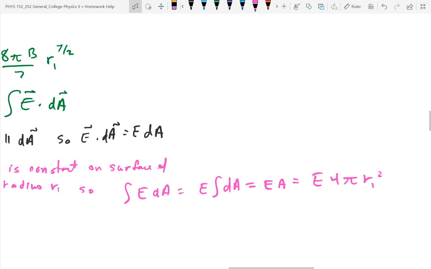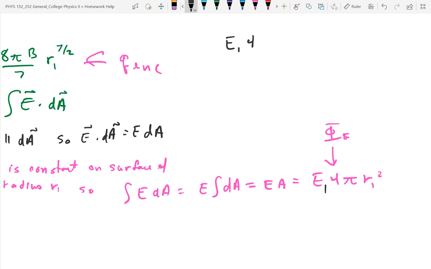And so now I have the charge enclosed, and I have the flux. And so I use Gauss's law, and I should have put a subscript 1 on that too.